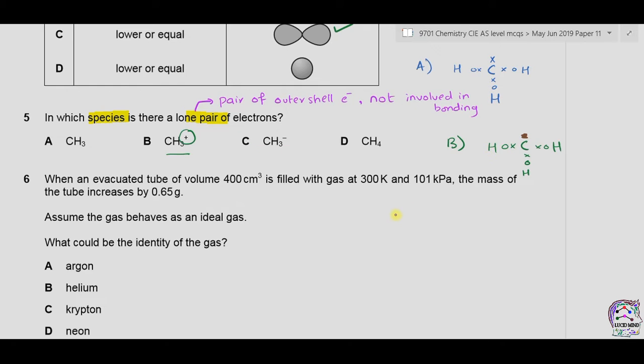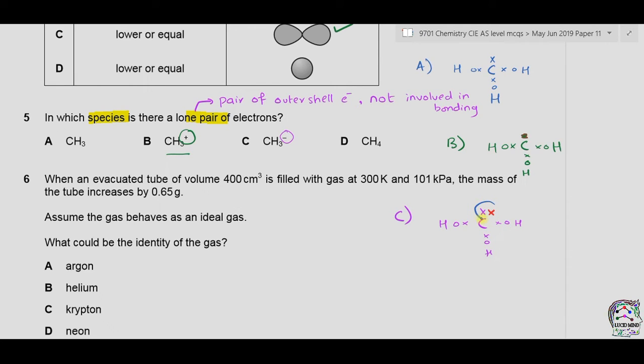In C we have CH3 negative. Again 1 carbon atom and 3 hydrogen atoms. As carbon is in the 4th group, so there are 4 electrons in the outermost shell of carbon. And also we have a negative charge, which means that we have extra electron present in outer shell.